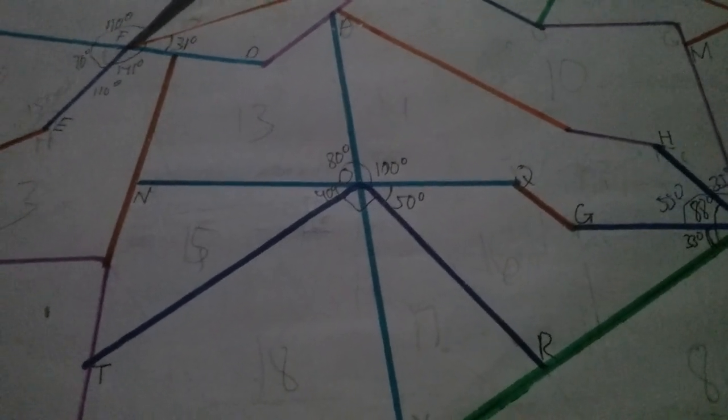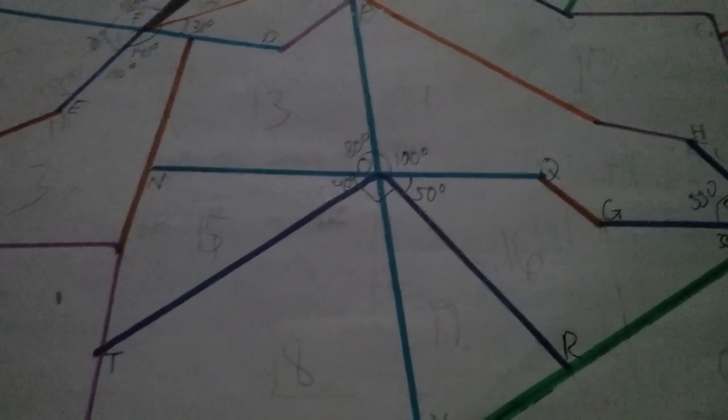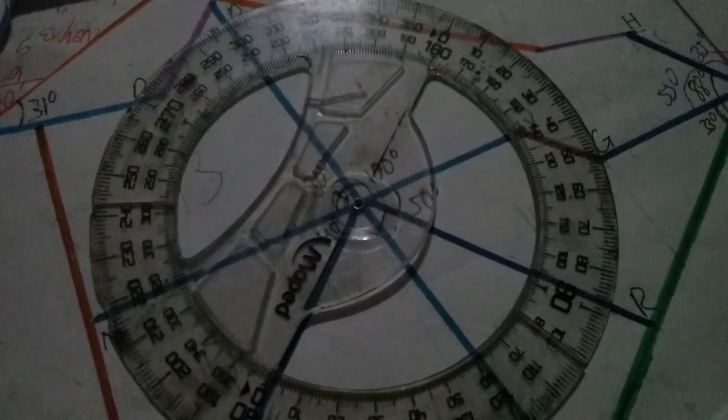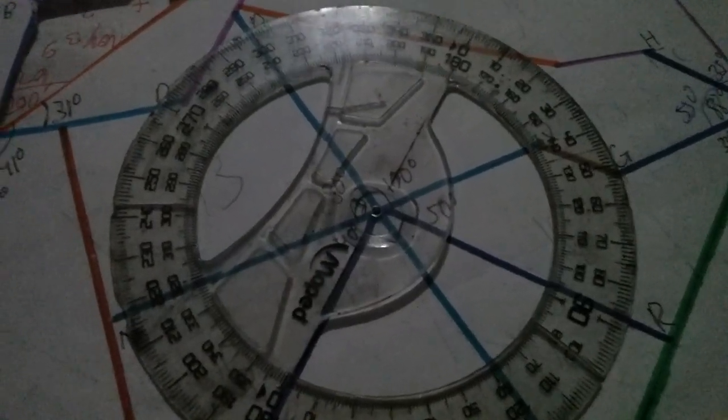But if we were to use the interior angle, that's 140 degrees. When we say interior, the inside. When we check using a protractor, that should be 140 degrees. So angle TOQ should measure 140 degrees.